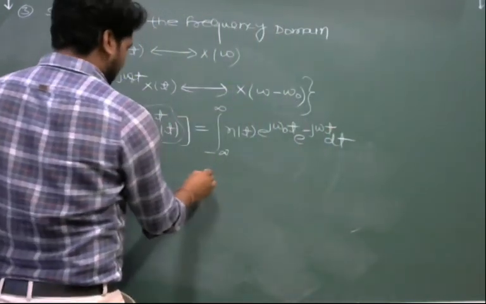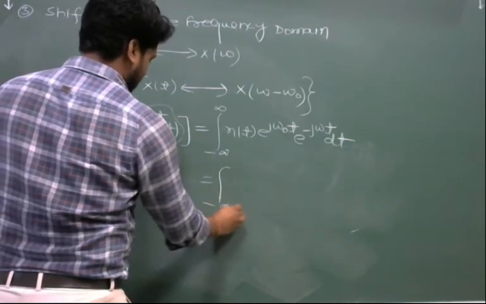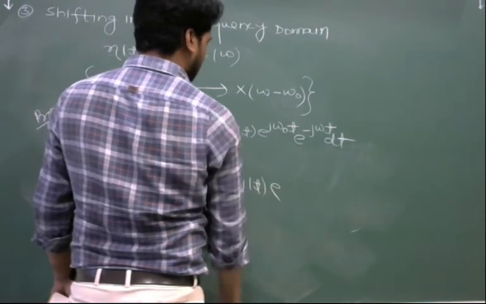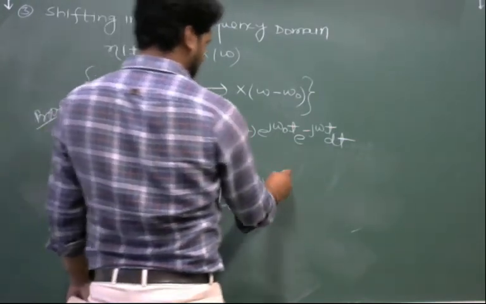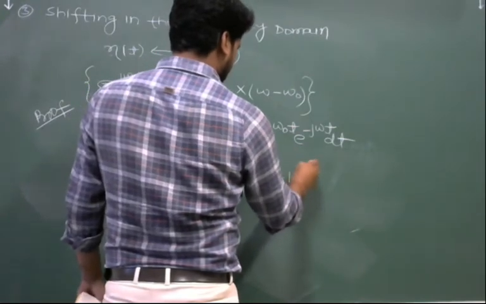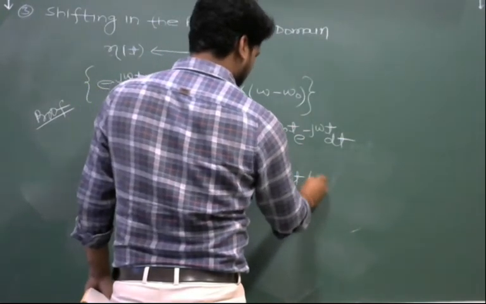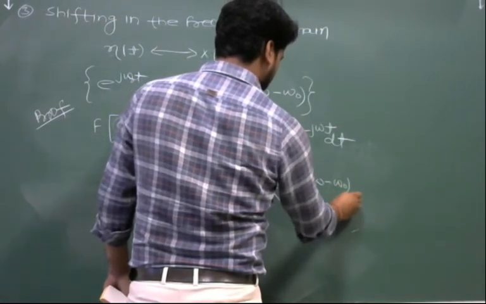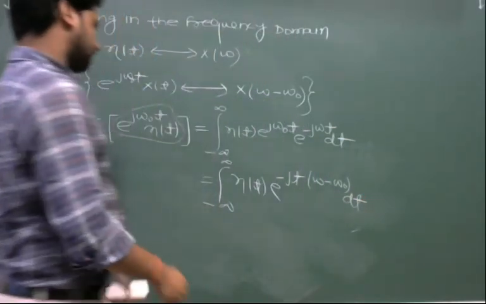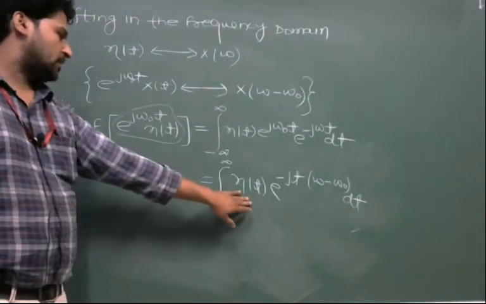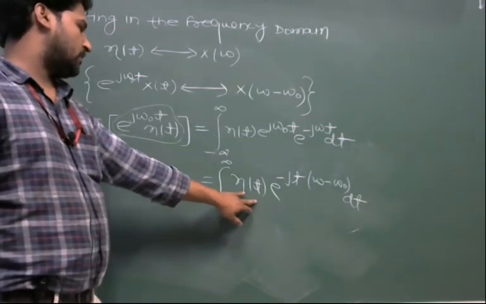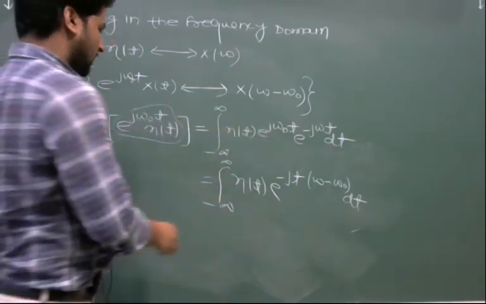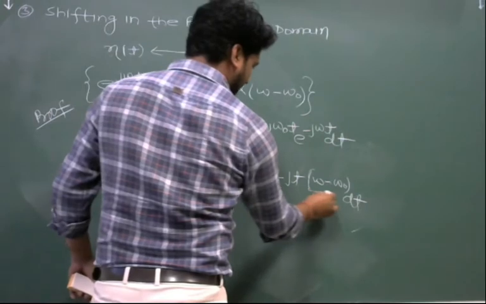And this can be further written as integration from minus infinite to plus infinite xt e power minus j t, and this will become omega minus omega naught, dt. And this is the Fourier transform of, in place of x of omega, here it is omega minus omega naught.